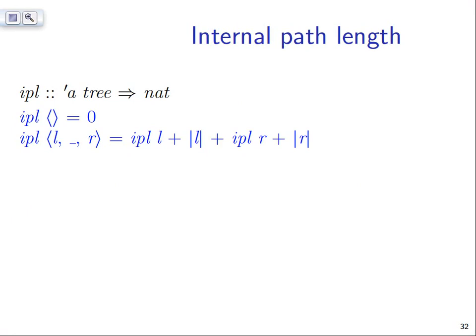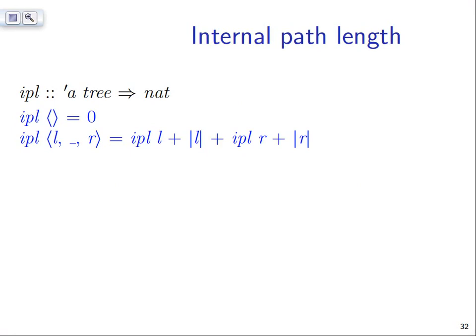Then the length of the path should be 2 plus 2 plus 1. I hope that's right. It's always very easy to get off by one, but I think it's correct. And so here it's 2 plus 2 plus 1, and how does that definition do it? So IPL, let's call this T and this T prime, that'll do.